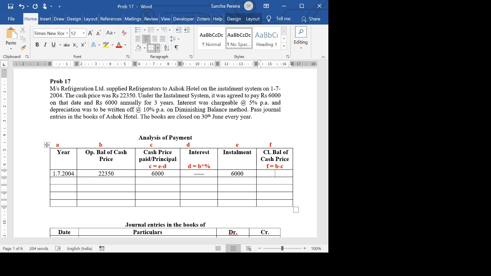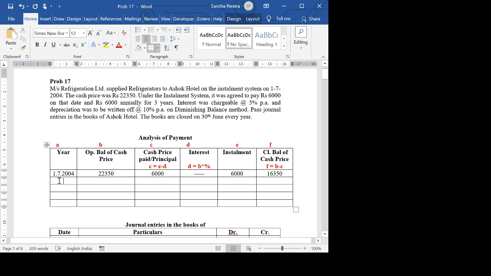I'm not showing depreciation because like I said, I prefer to do depreciation in the statement itself. So closing balance of cash price will be 22,350 minus 6,000, which becomes 16,350. So we have done the down payment.